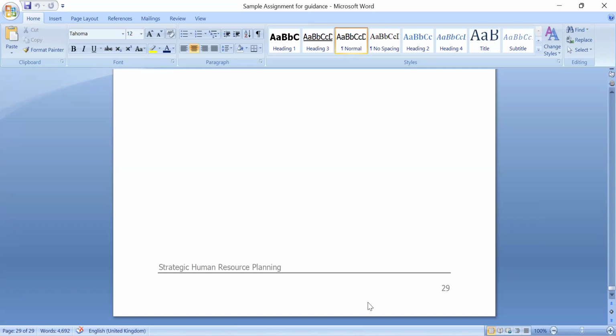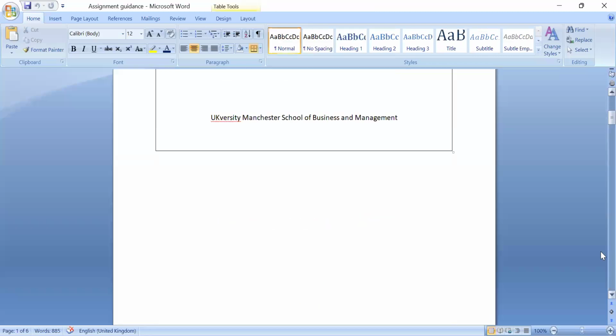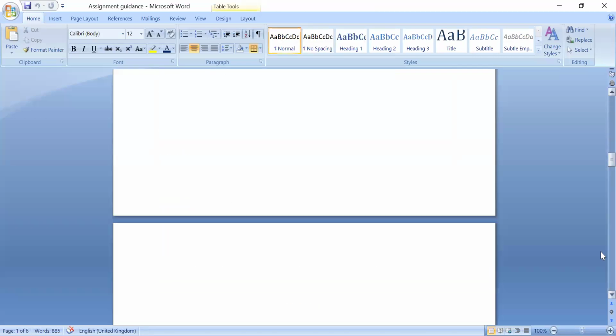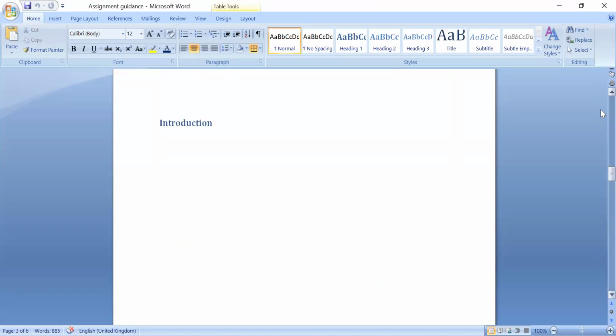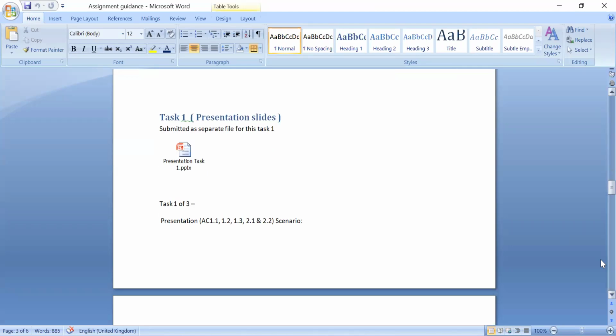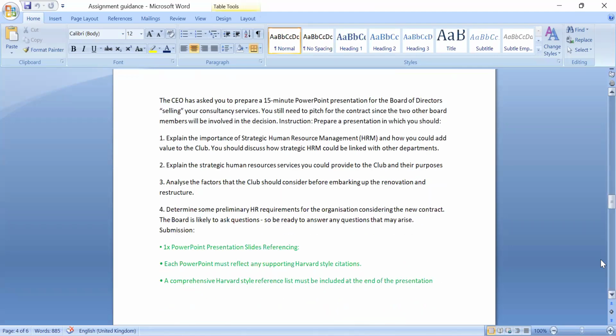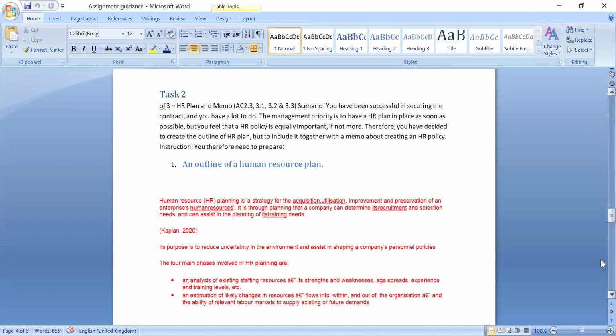The guidance template discusses task 1. For task 1, you can write a little introduction, write down the background of the organization, and then make PowerPoint slides.